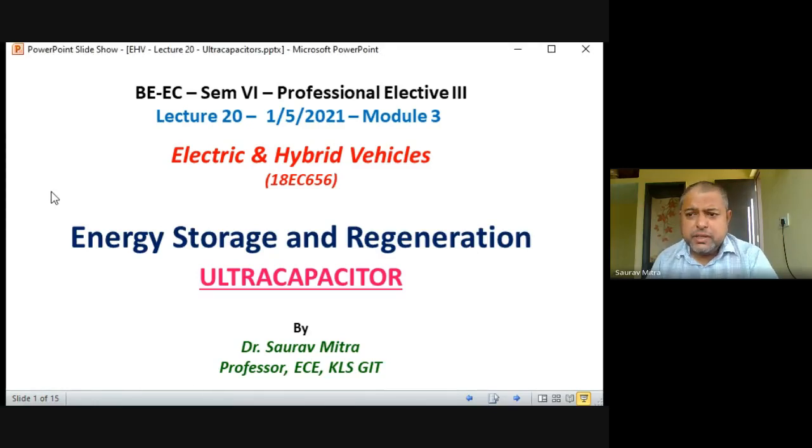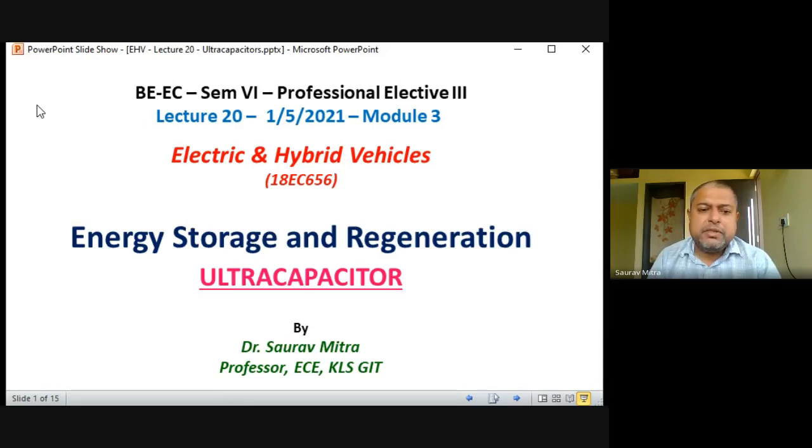Now, what is the difference between battery and ultracapacitor? Battery is mainly used as an energy source. Rather than voltage source, we should say it's used as an energy source. But ultracapacitor is mainly used as a power source. Energy is given in joule, and energy per time is given by power, so how fast you want the energy to be delivered.